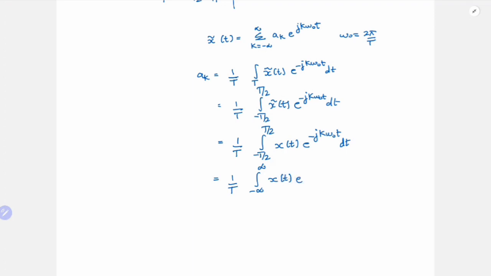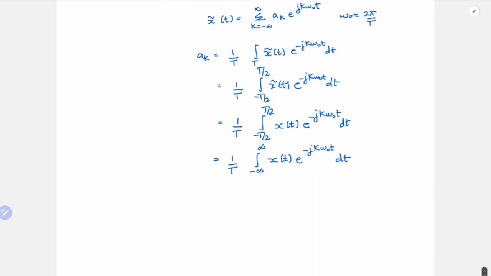Why? Because x of t is anyway 0 there, so it will not contribute. But since I want my integral to be independent of T, I am using this modification. So now I want to actually tend T to infinity.